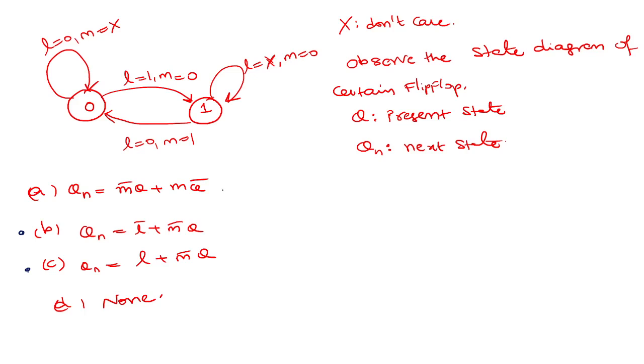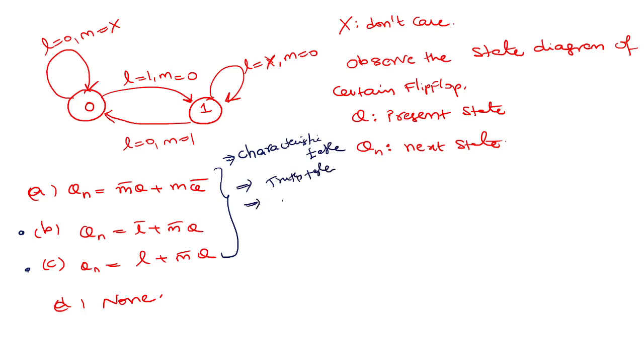So, for this to get it right, if you remember the flow, first of all, you have something called characteristic table. Then from this, you have truth table.